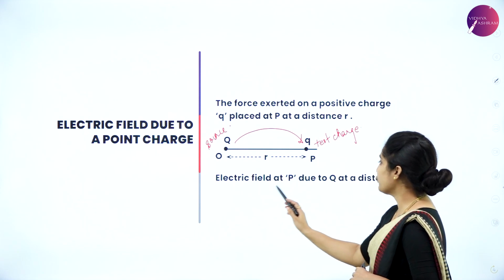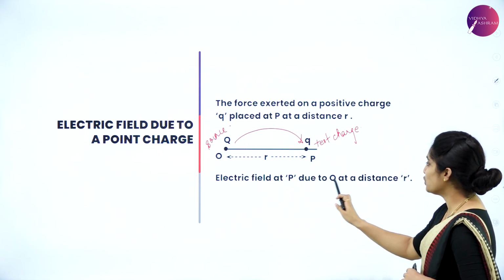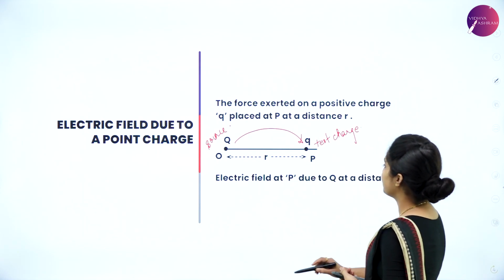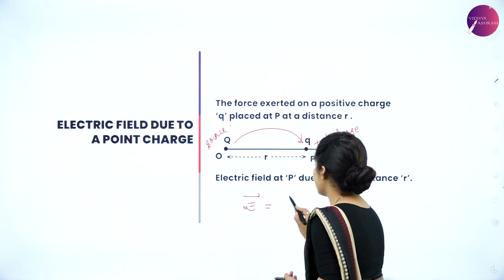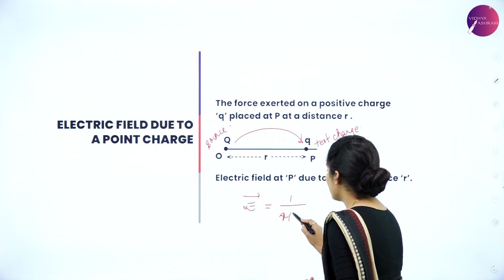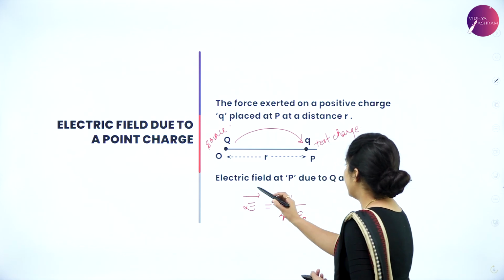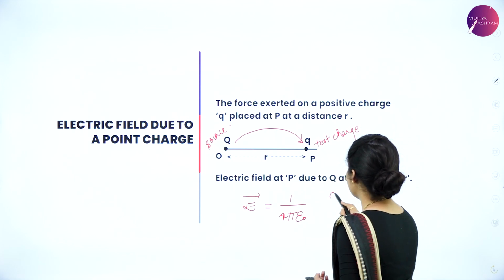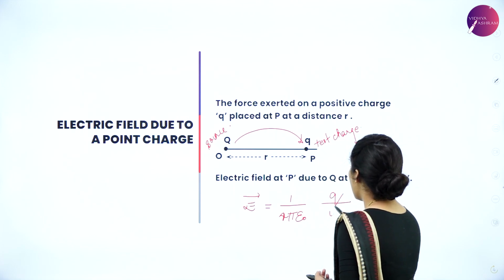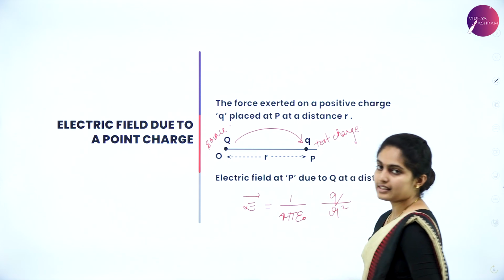The electric field at point P due to Q at distance r: E, a vector quantity, is equal to 1 by 4 pi epsilon naught, Q by r square, where the distance is r.